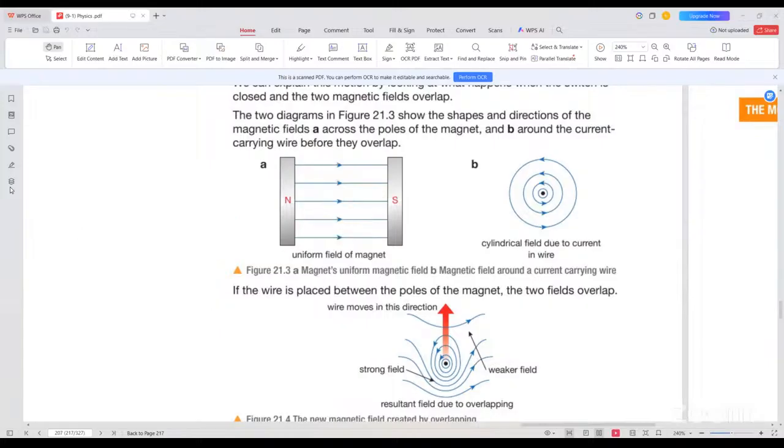Here you can see that at the bottom part you have a strong magnetic field, and in the upper part the magnetic field is being reduced, right? The reason is these two directions are opposite.